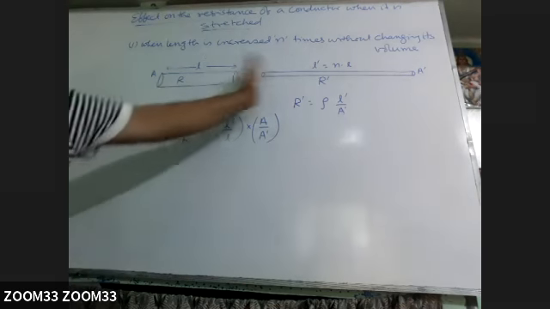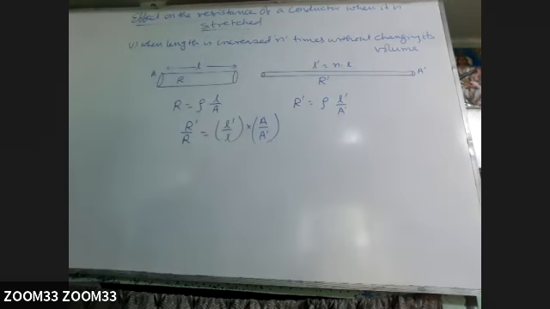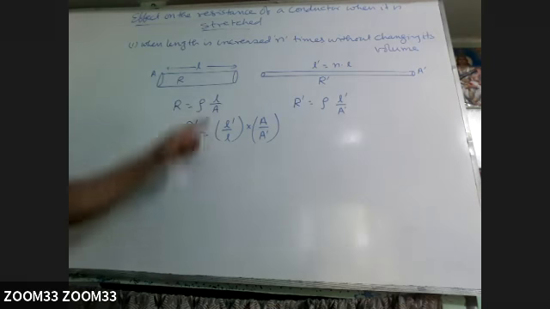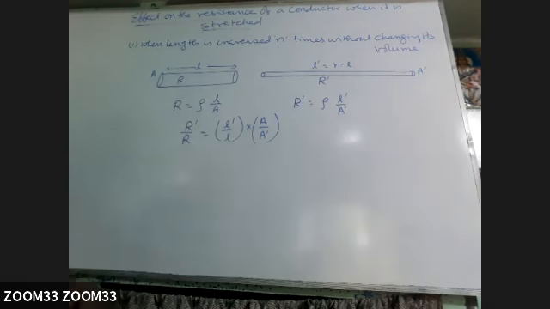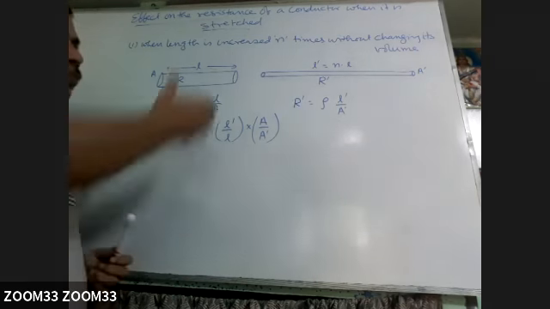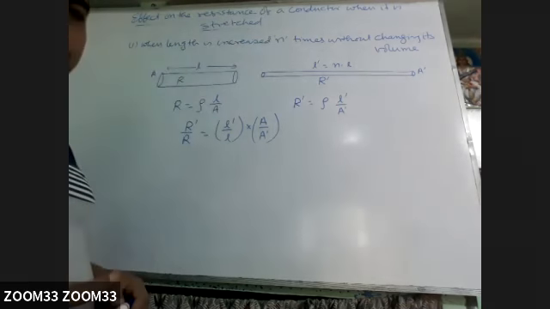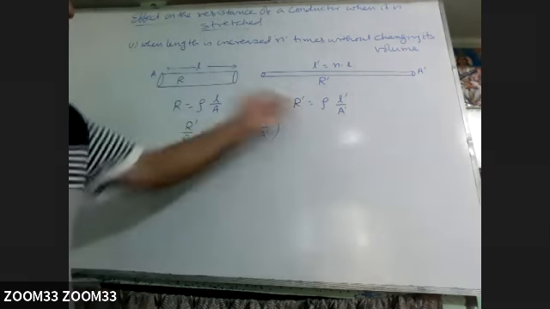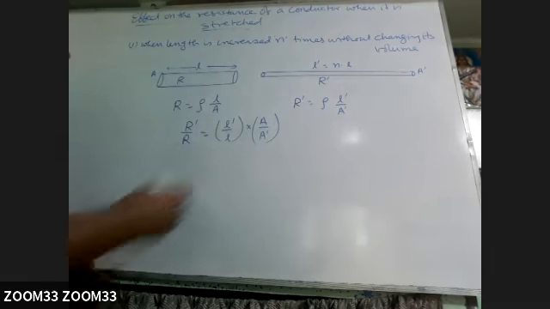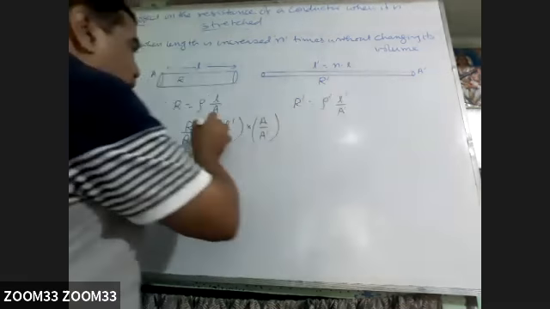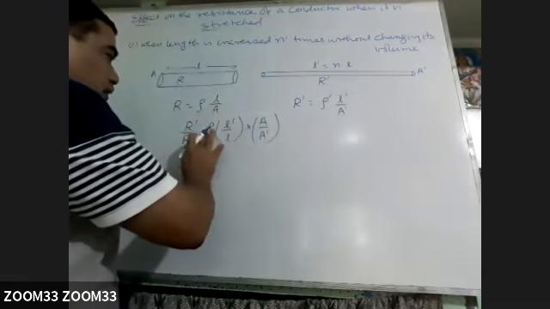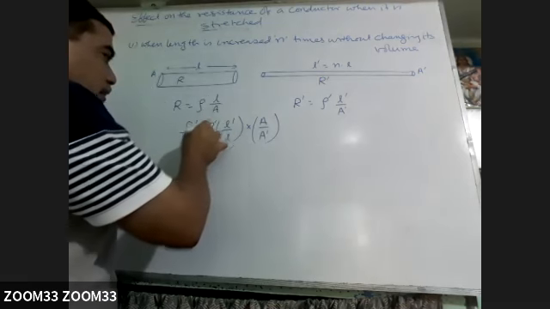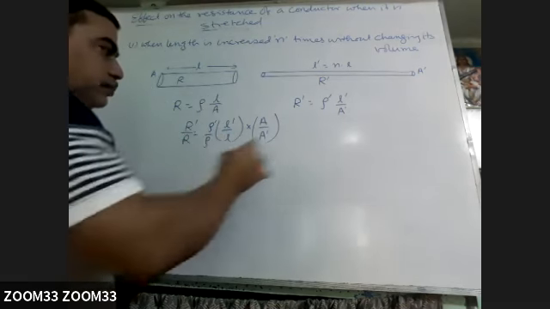If these are two wires of the same material, then rho will cancel. In general, if they are of different material and you are asked to find the ratio, then the ratio of rho, rho dash by rho, will also come. So the general relation is this one.